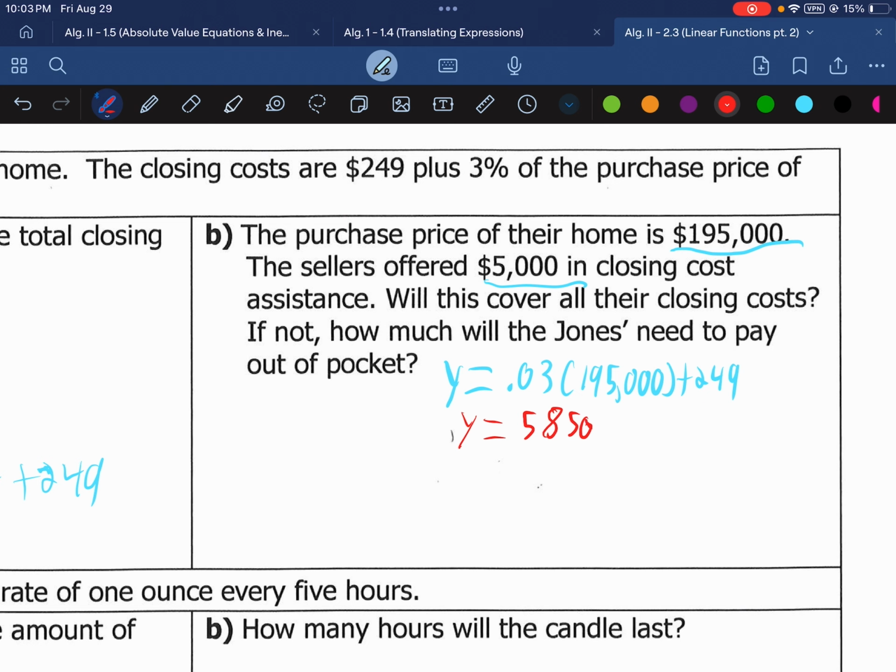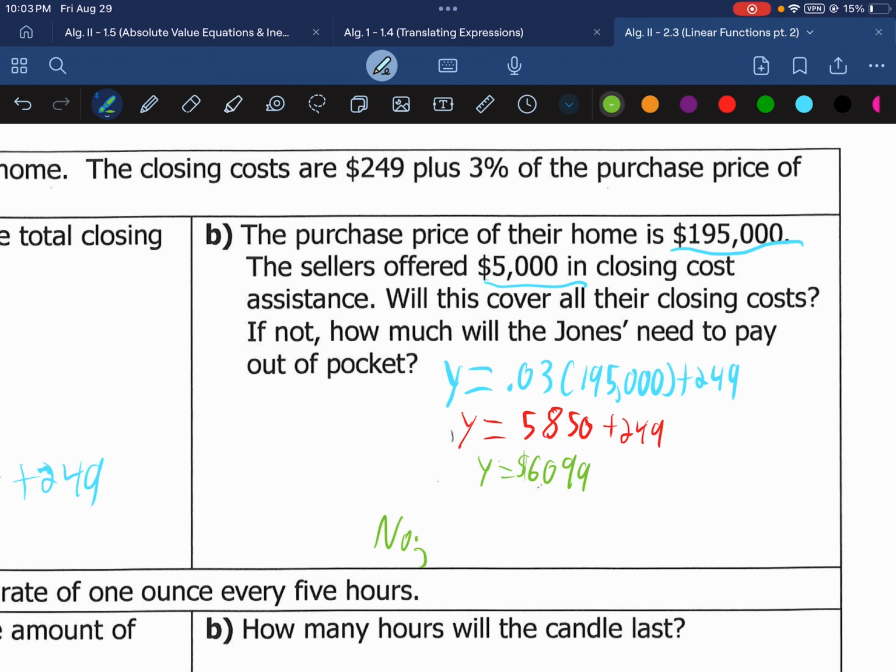I wrote the wrong number, but I said it incorrectly. And then we're going to add 249 to that. And that'll result in a total amount of closing costs being $6,099. So the question is, will that be enough? And the answer is no, it won't be.